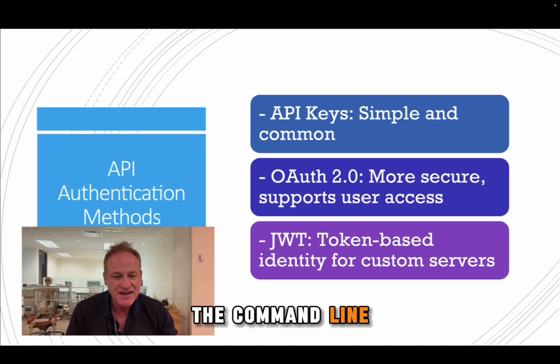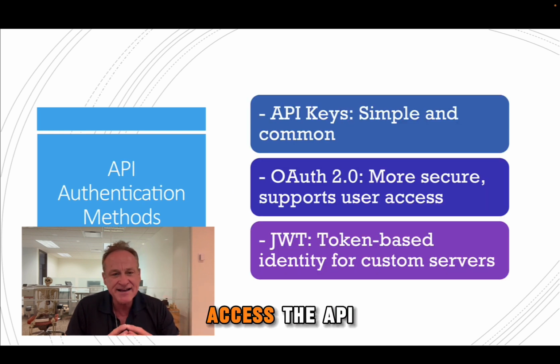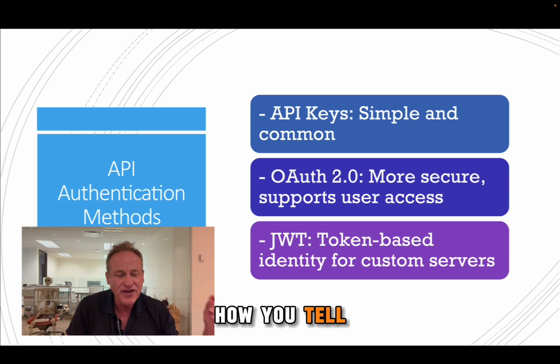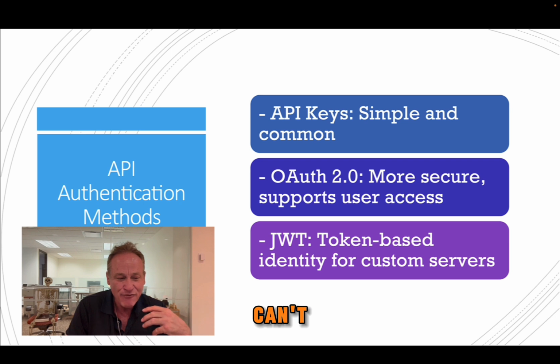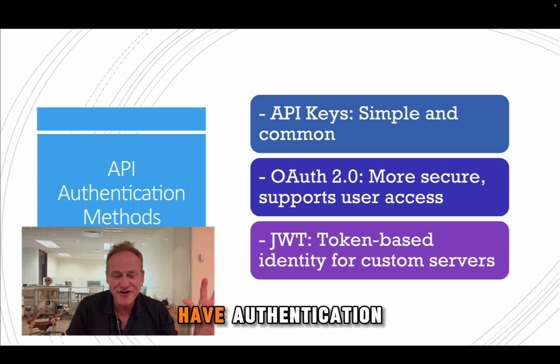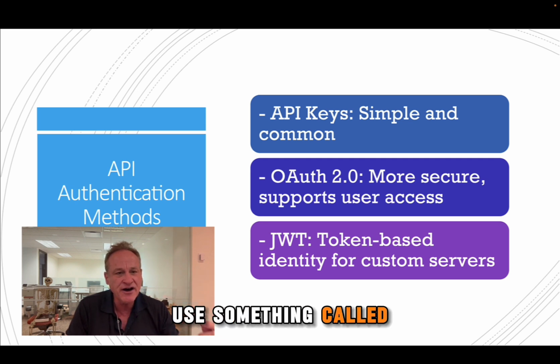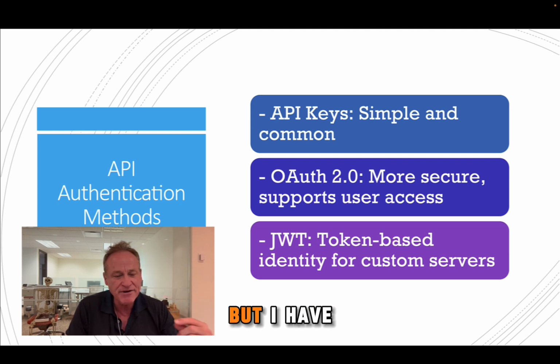Now, when you access the API, there's an authentication method, and that is how you tell the API that you are allowed to be there. There are APIs that don't require authentication, I can think of a few, but in most cases you have to have an API key, or you use something called OAuth 2.0, which is a more secure way, though I have not seen a lot of OAuth 2.0 in the cloud APIs.